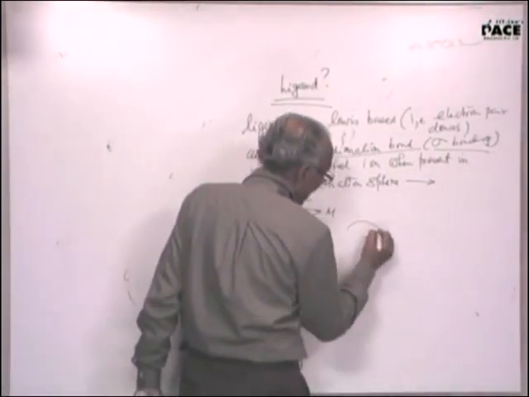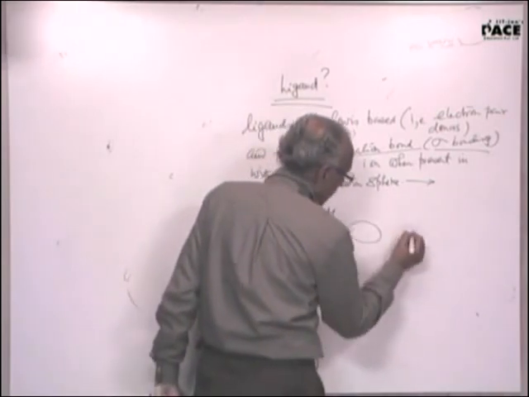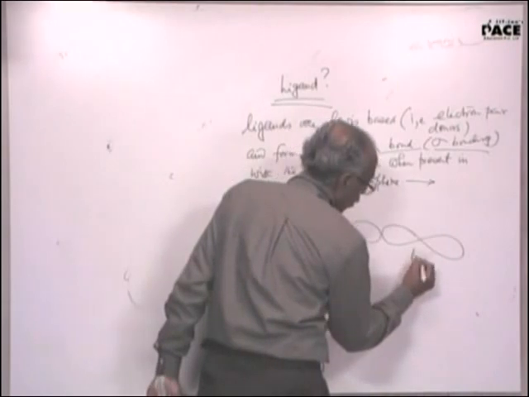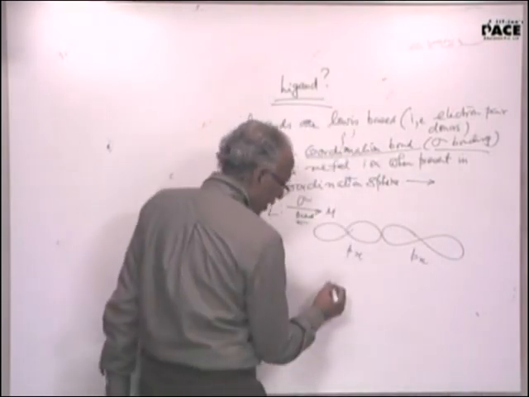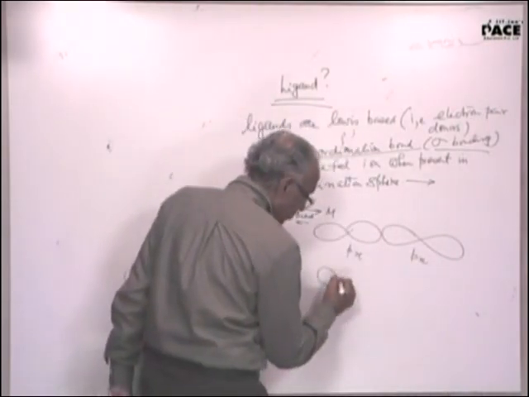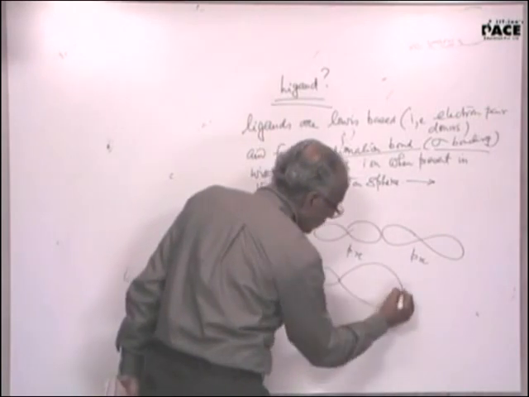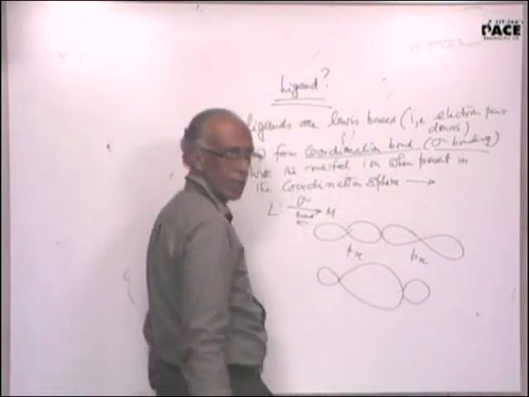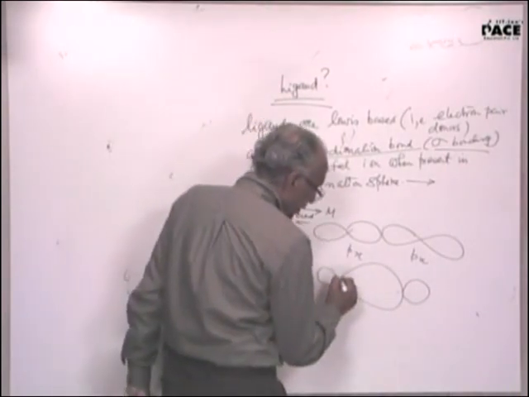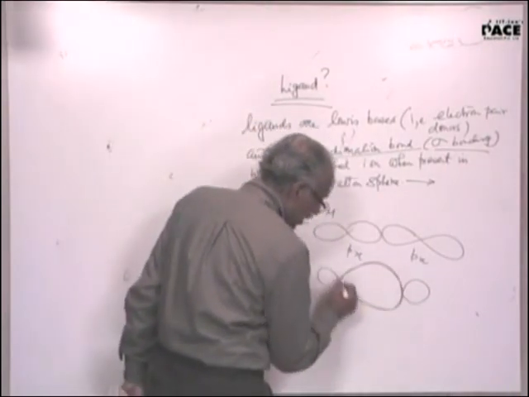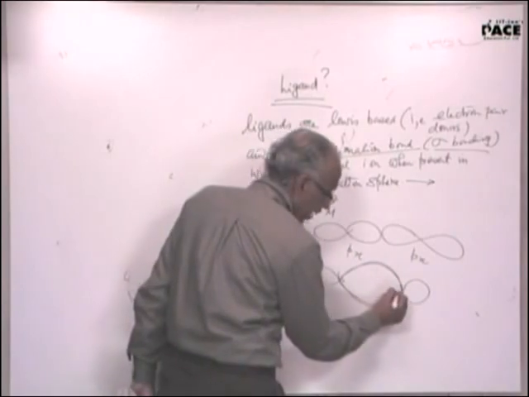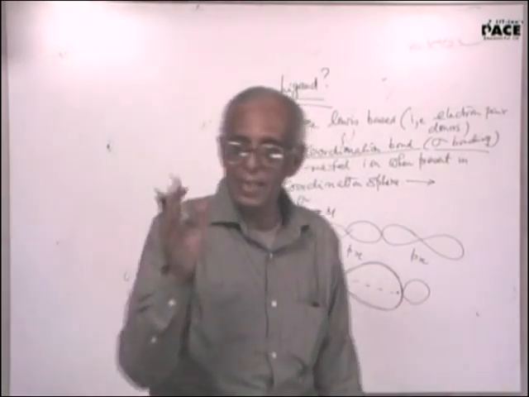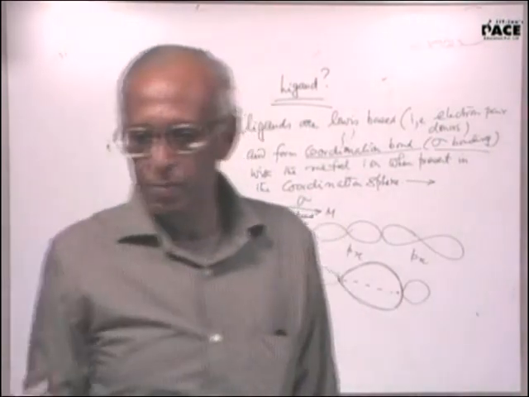So when px overlaps, what do you get? You have increased the electron density along the internuclear axis, and that is a characteristic of a sigma bond.